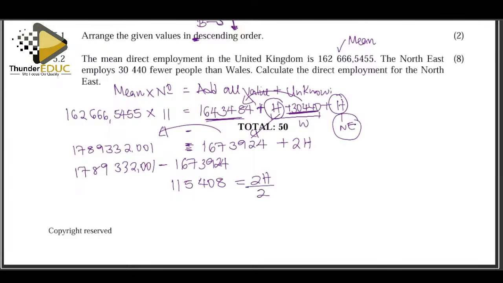So divide through by 2. So our H became 5,000.